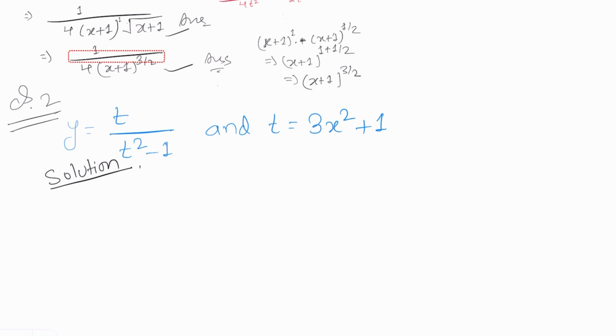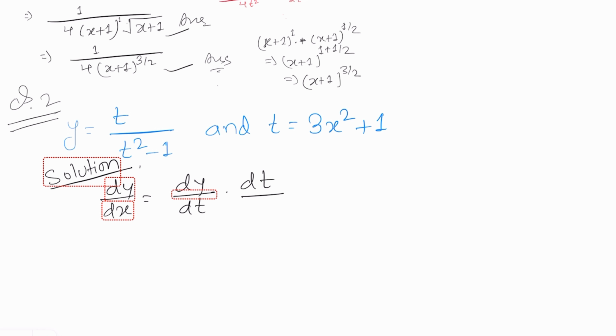Solution. We have, by chain rule, dy upon dx equals dy upon dt times dt upon dx, because t is in terms of x and y is in terms of t. So again the process repeats.